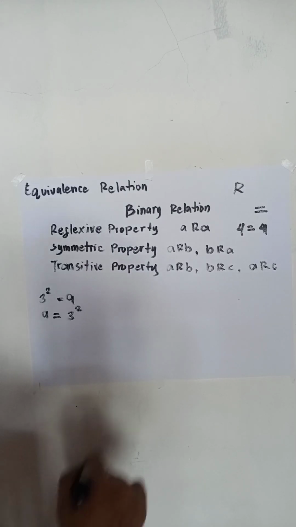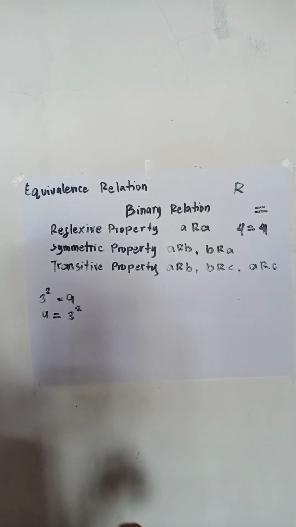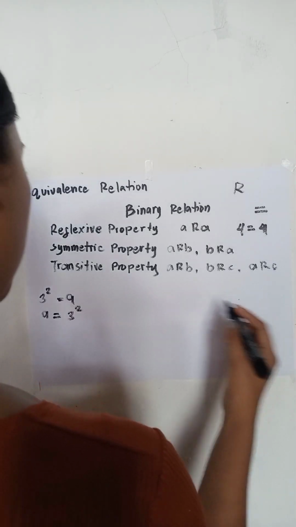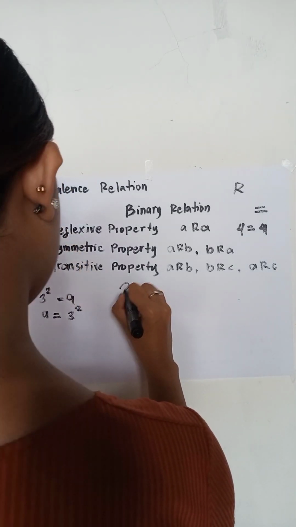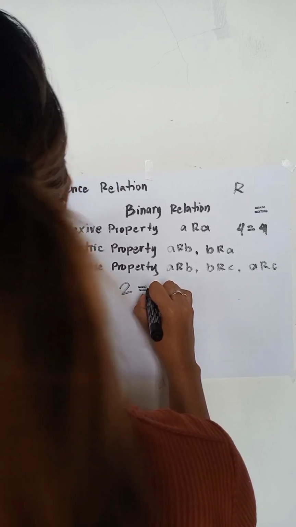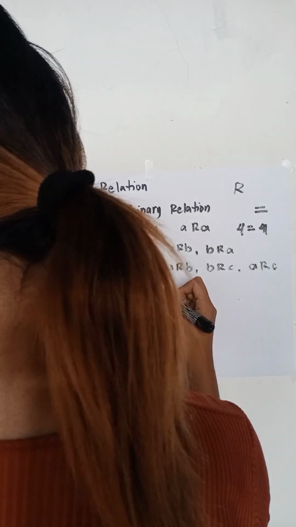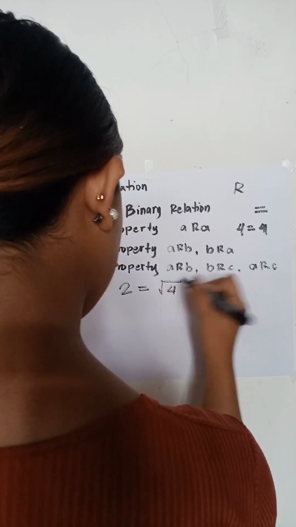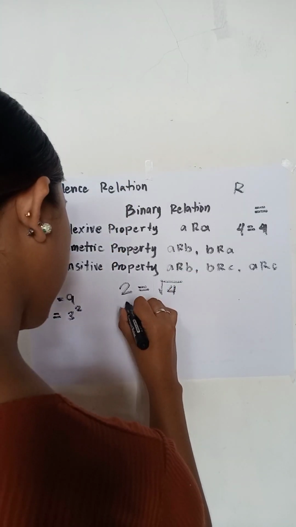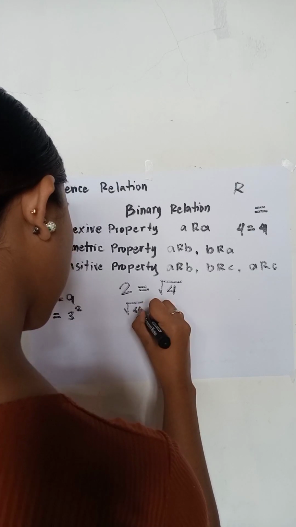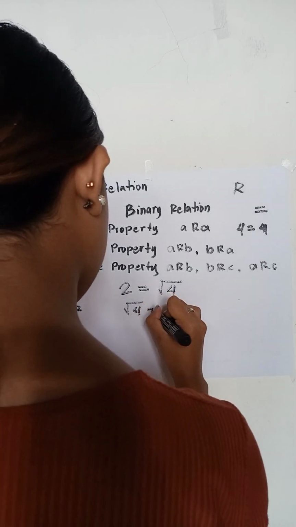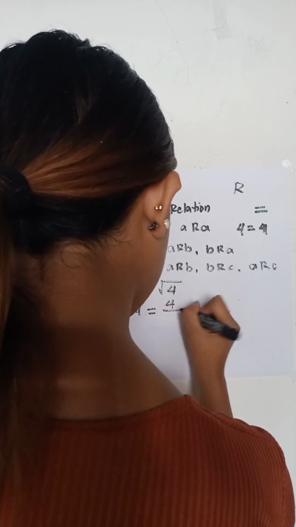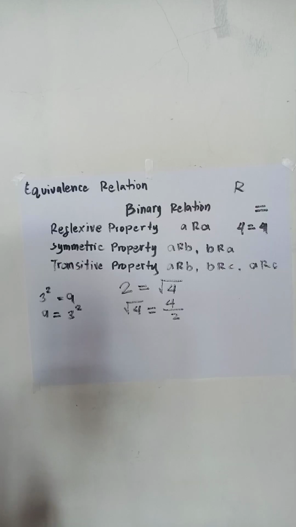So as an example of the transitive property with our equals relation, 2 is equal to the square root of 4, and the square root of 4 is equal to 4 divided by 2.